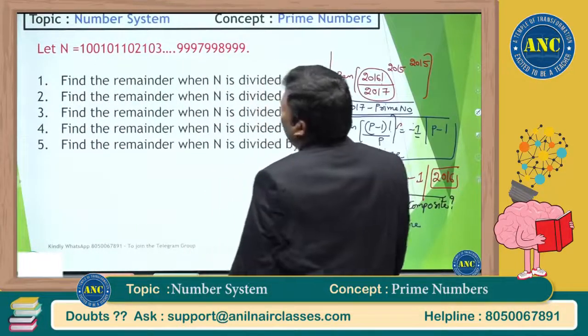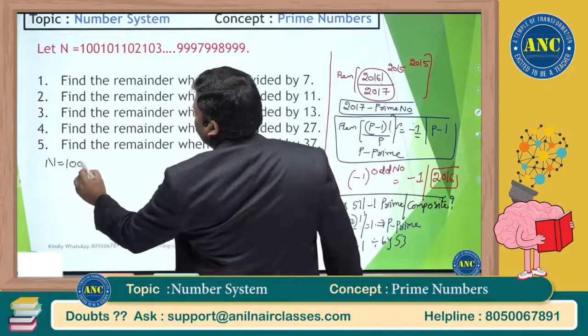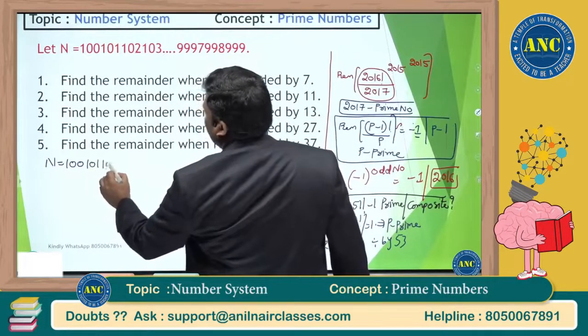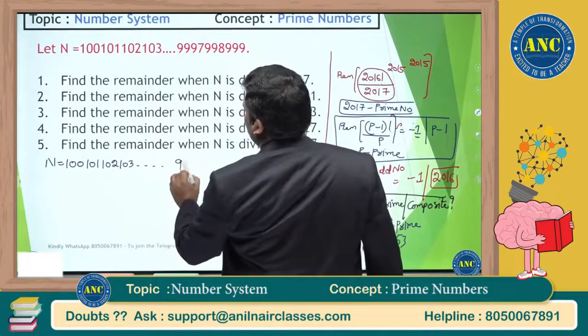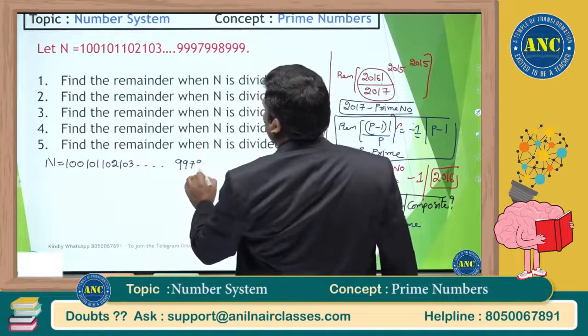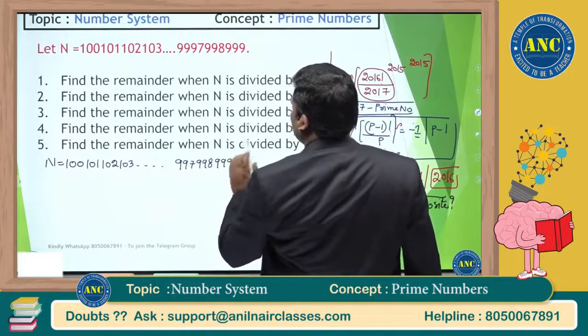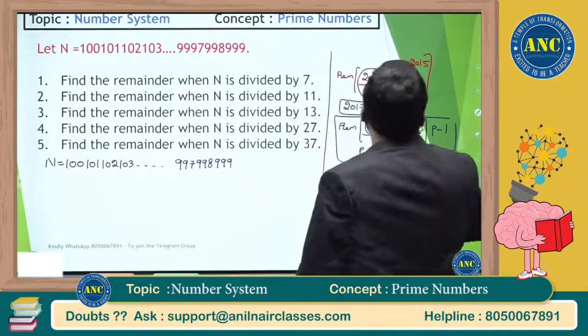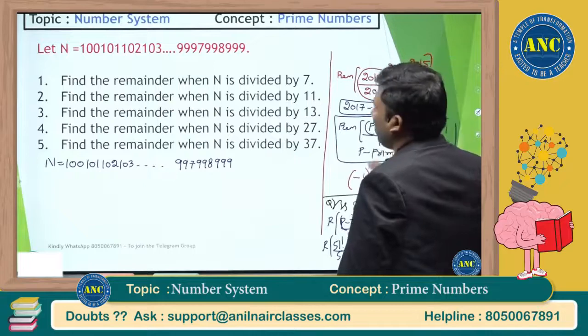Now, n equals 100, 101, 102, 103, and so on up to 997, 998, 999. So how many numbers are there? These are all 3-digit numbers.